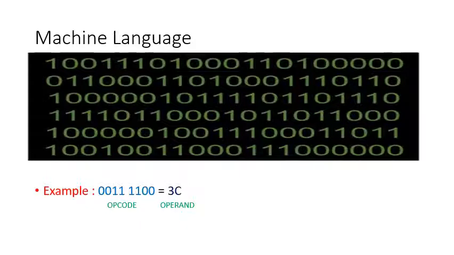Next, what is a machine language? The number of bits that forms the word of a microprocessor is fixed for the particular processor. These bits define a maximum number of combinations. For example, if we take an 8-bit microprocessor, that 8-bit microprocessor can have at most 2 to the power 8, that is equal to 256 different combinations.